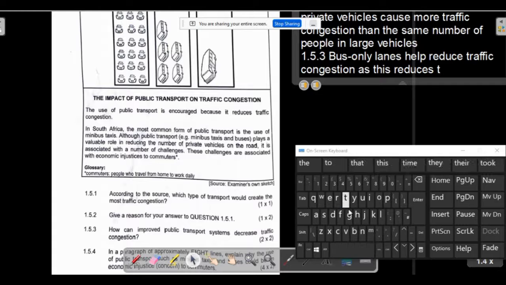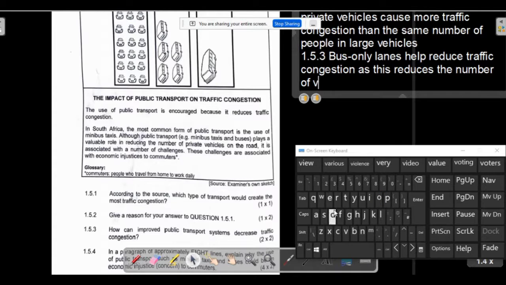Let's say this is the number of vehicles in one lane.